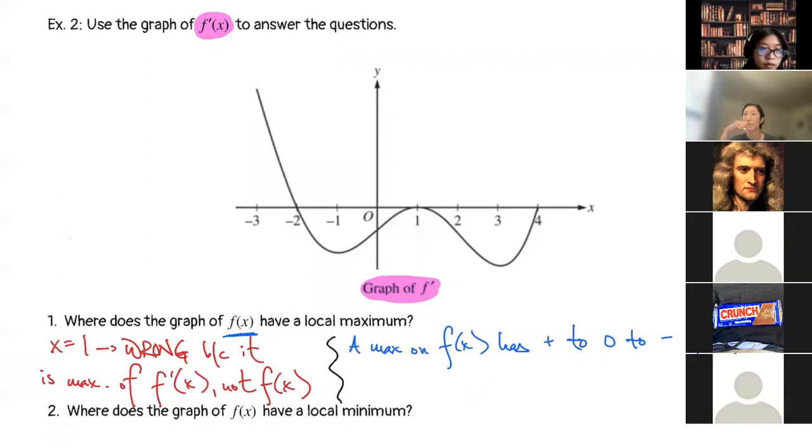That goes from a positive to 0 to negative f prime. Indeed it is. X equals negative 2 goes from a positive f prime to a negative f prime.